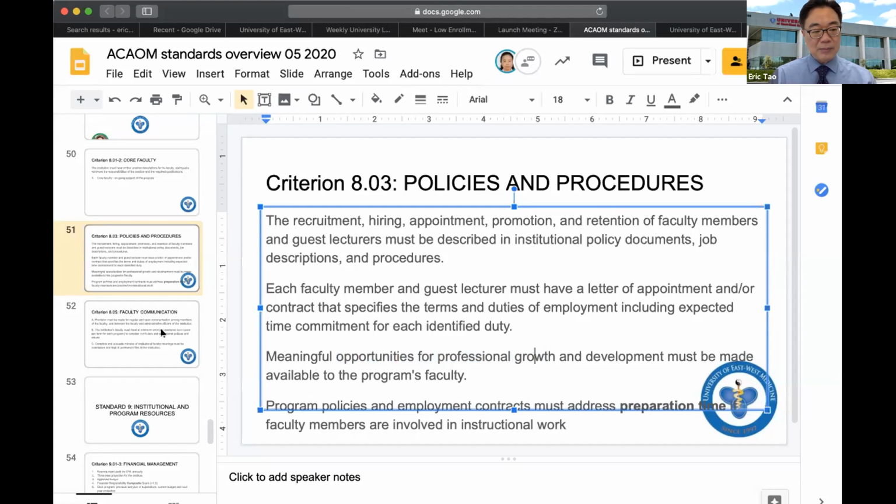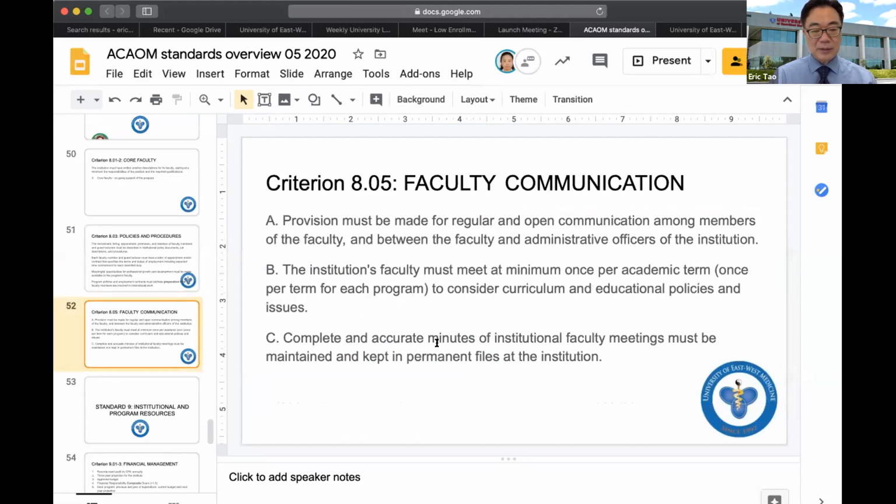So next one, faculty communication. This is pretty straightforward. We need to communicate with our faculty. Each program should have a meeting every term. As a campus, we need to have an all-campus faculty meeting at least once a year. Since all our faculty are currently teaching the master, so yeah, we are fine.